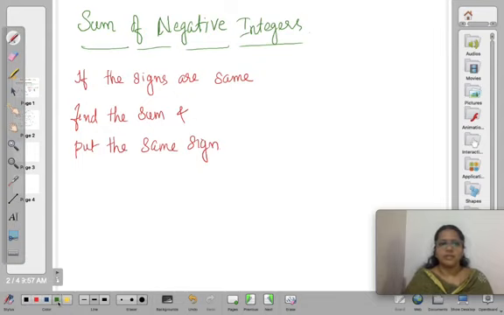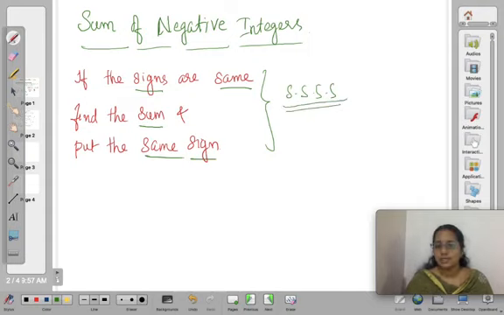This is my first rhyme. You can write it as the S, S, S rhyme. If the signs are same, find the sum and put the same sign.